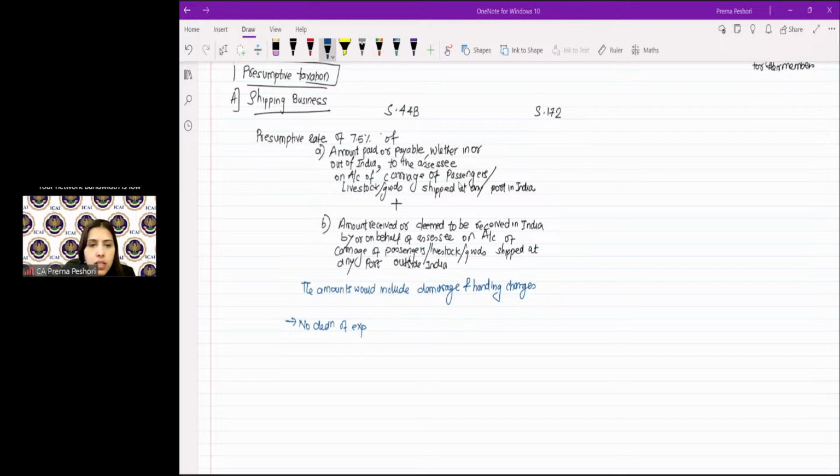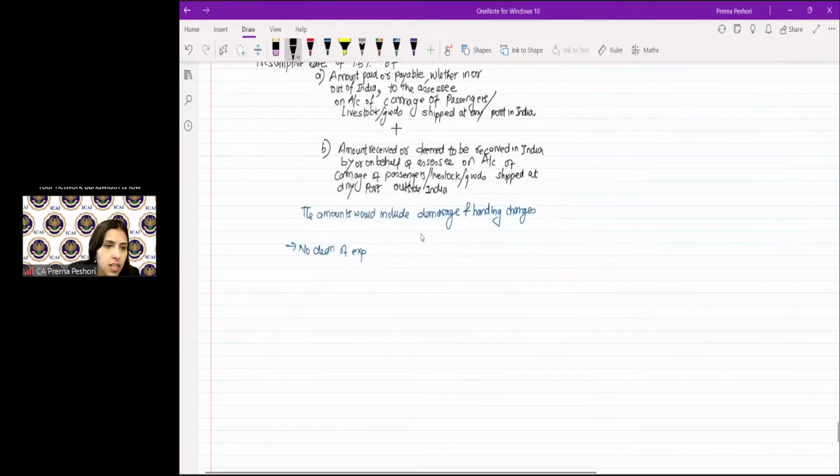Let's say, for example, A Limited, a non-resident company, or you can write a foreign company, engaged in carriage of goods by ship. It is engaged in the carriage of goods through the ship.